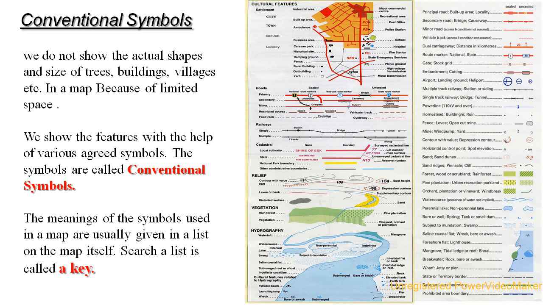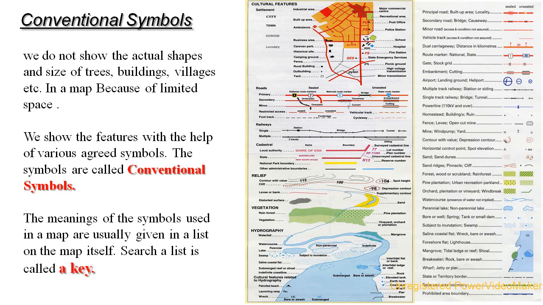In a map, on the side, you will see all the symbols which are used in the map along with the meaning of the symbol. So the list of the conventional symbols and its meaning is mentioned in the map.